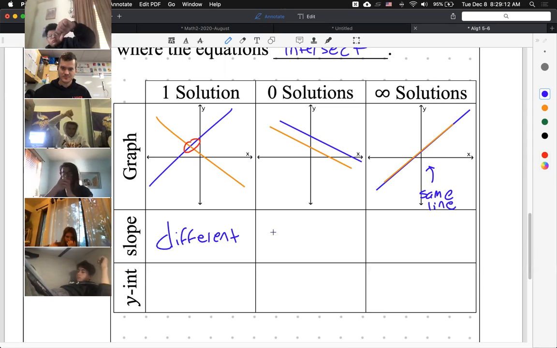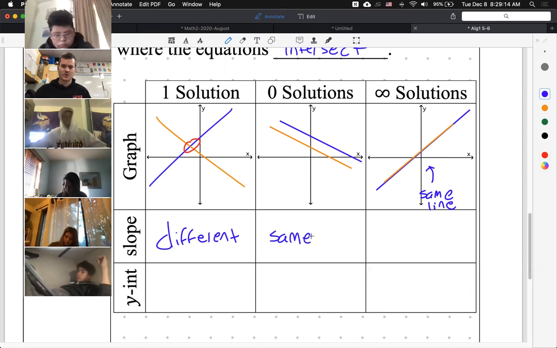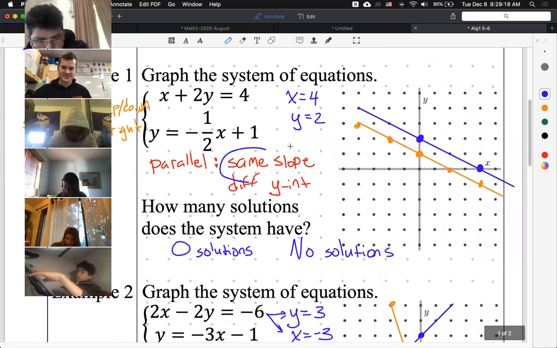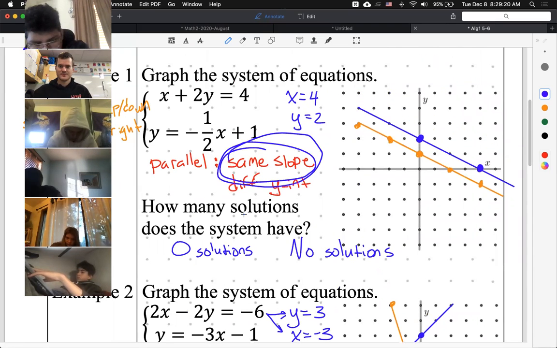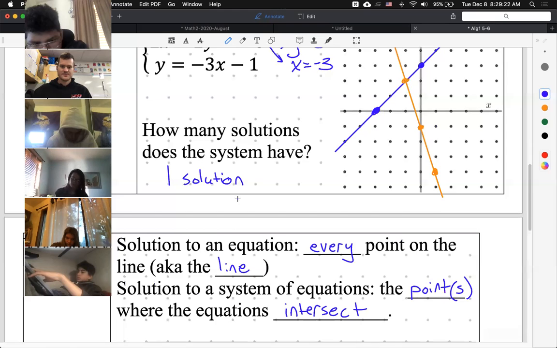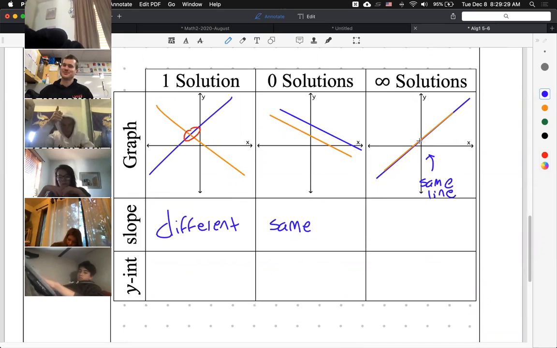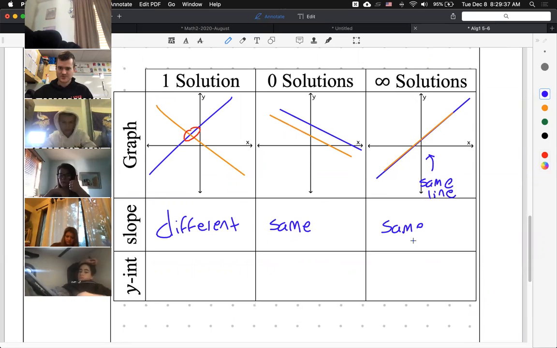These are the same. And I even wrote that in our notes up here when I was talking about parallel lines having the same slope. And what about infinite solutions? When it's the same line, is it the same slope or a different slope? The thumbs up have it. It is the same slope.